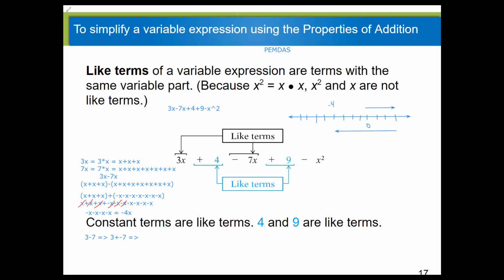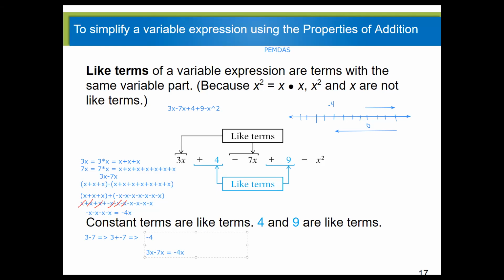So 3 plus negative 7 is equal to negative 4. And if we did this with all the x's, we get negative 4x. Long story short, 3x minus 7x is equal to minus 4x.